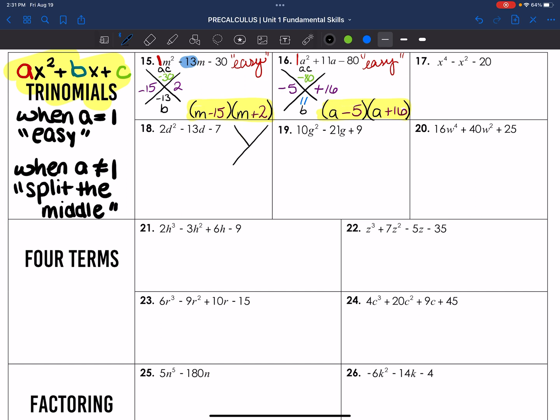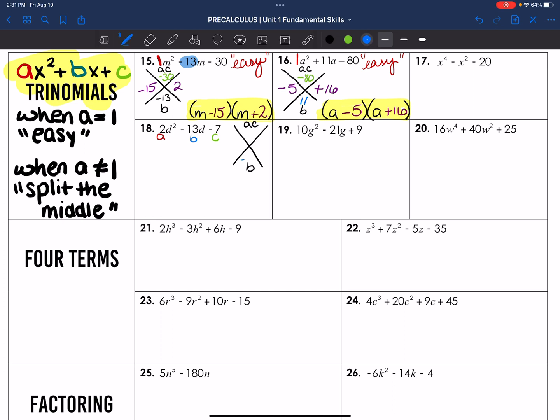Looking at 18, I recognize that I've got this a value of 2, a b value of negative 13, and a c value of negative 7. So we'll use our cross to help us organize. b goes in the bottom, and a times c goes on top.